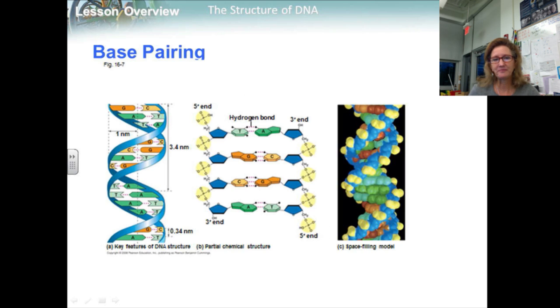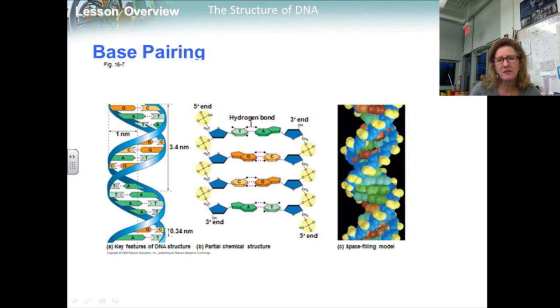Watson and Crick's model showed that the hydrogen bonds could create a nearly perfect fit between the nitrogenous bases along the center of the molecule. These bonds would form only between certain base pairs, adenine and thymine and guanine and cytosine.